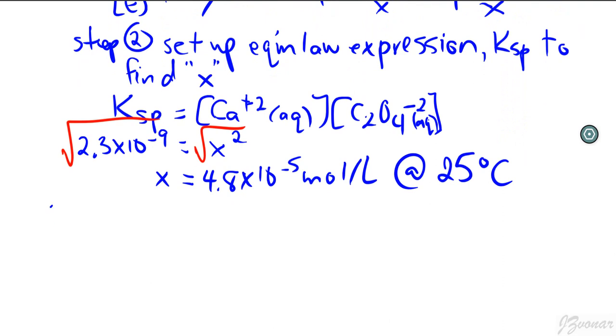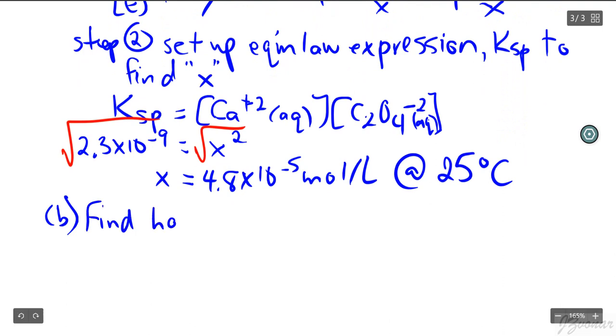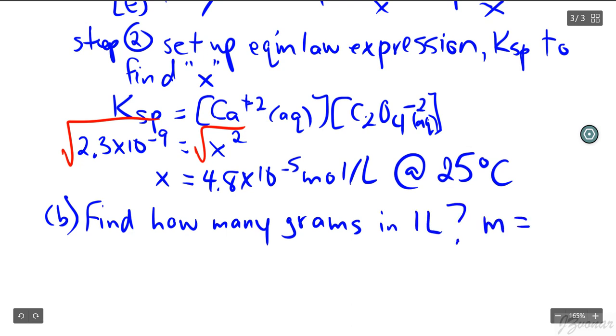Now in part B, you're being asked to find how many grams this is in 1 liter. So we're looking for the mass. All right, so from the question here, we know that we have 4.8 times 10 to the negative 5 moles.